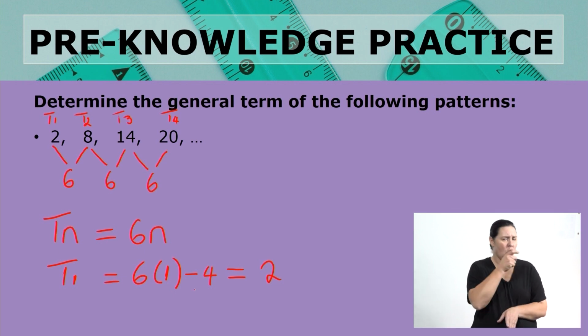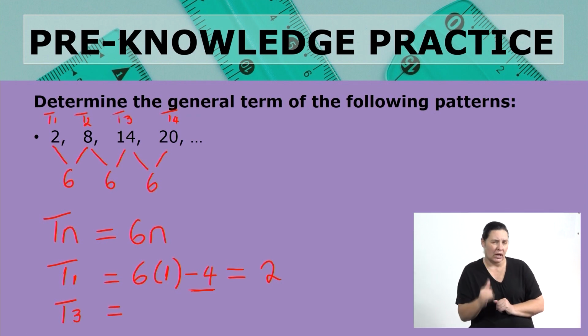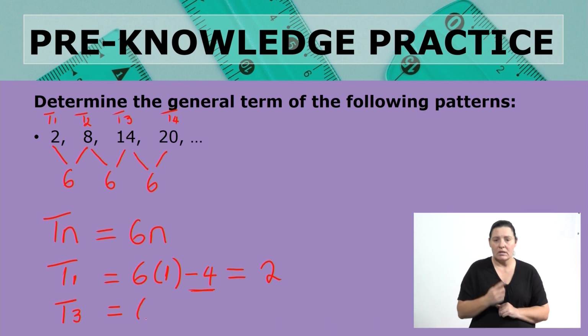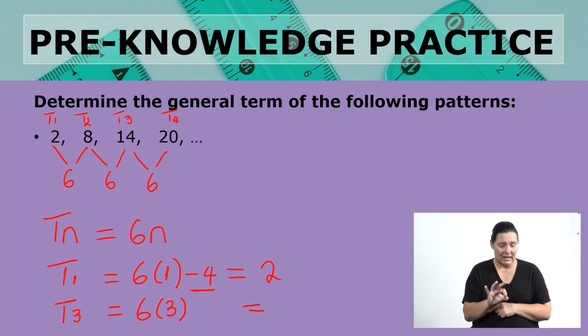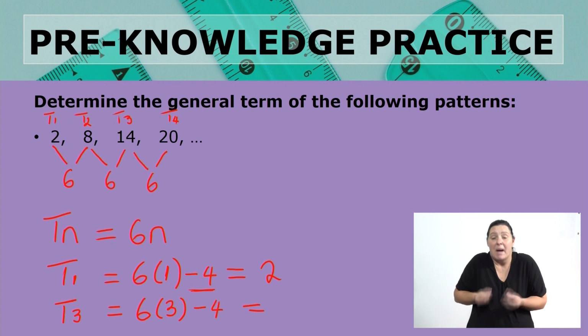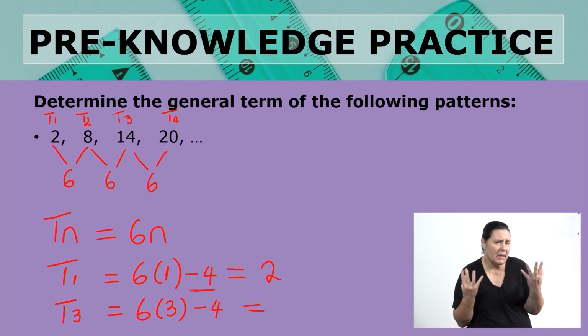And before we can confirm this minus 4, we need to maybe check with another term. So I'm going to use the third term there just to check if I am correct. So I'm going to say that is 6 multiplied by 3 because we are working with the third term. And then if I take 6 multiplied by 3, I need to say minus 4, and that answer needs to give me the value of the third term. So what is 6 multiplied by 3?